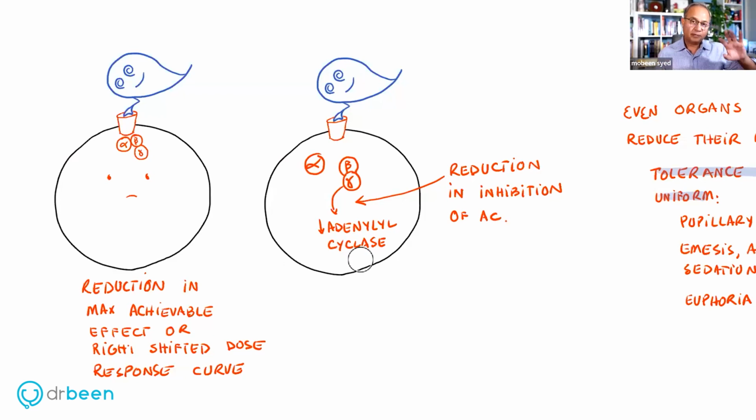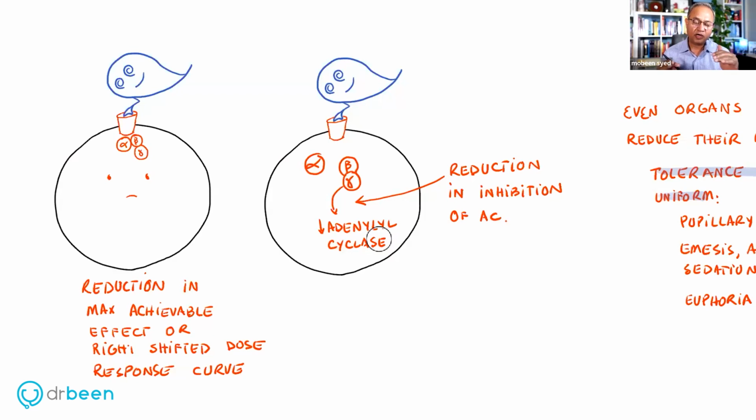However, imagine that before opioid, I'm giving just made up numbers to provide a point. Imagine before opioid usage, our cell used to have 100 adenylyl cyclase active at one time. Then came opioids and they started reducing the activity of adenylyl cyclase, and now instead of 100, only 50 are active. Our body said, you know what?